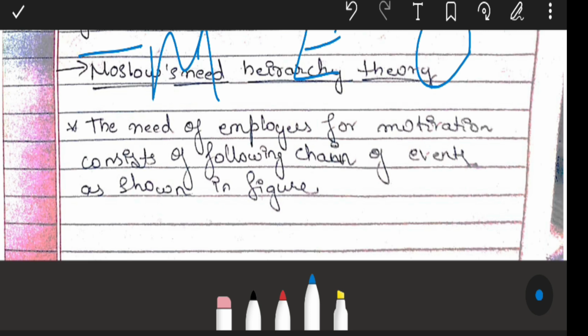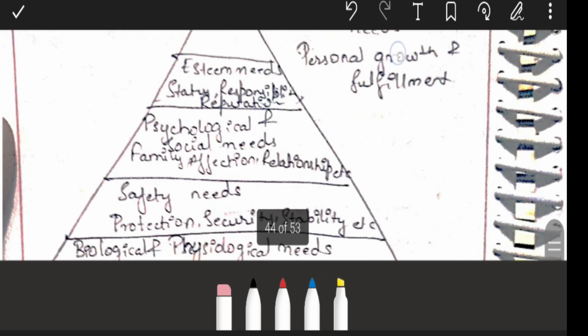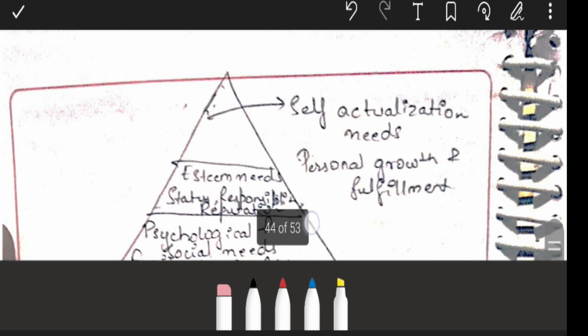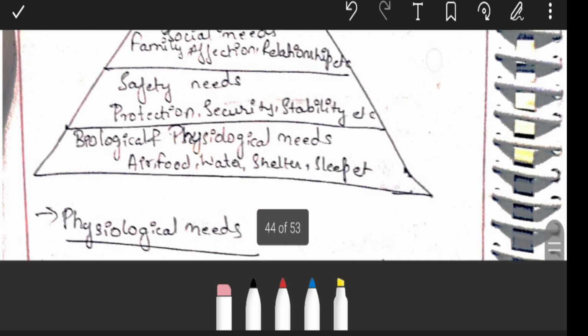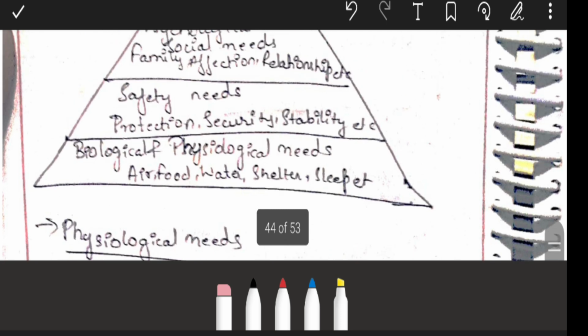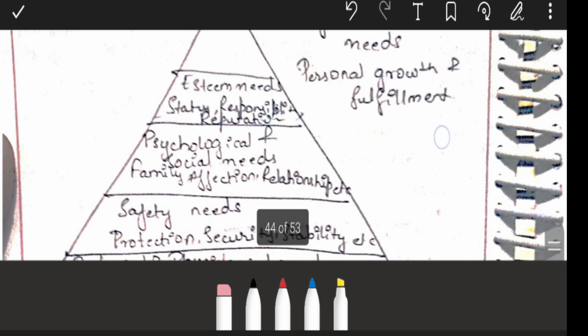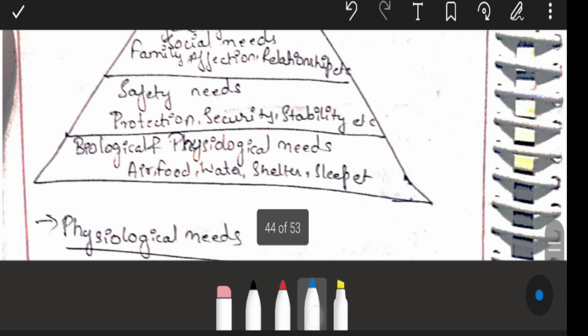So Maslow's theory suggests that in order to motivate an employee, there is a chain of events. This is a diagram which I'll be giving in the PDF. You can see it properly. If you study this diagram, you can write everything.